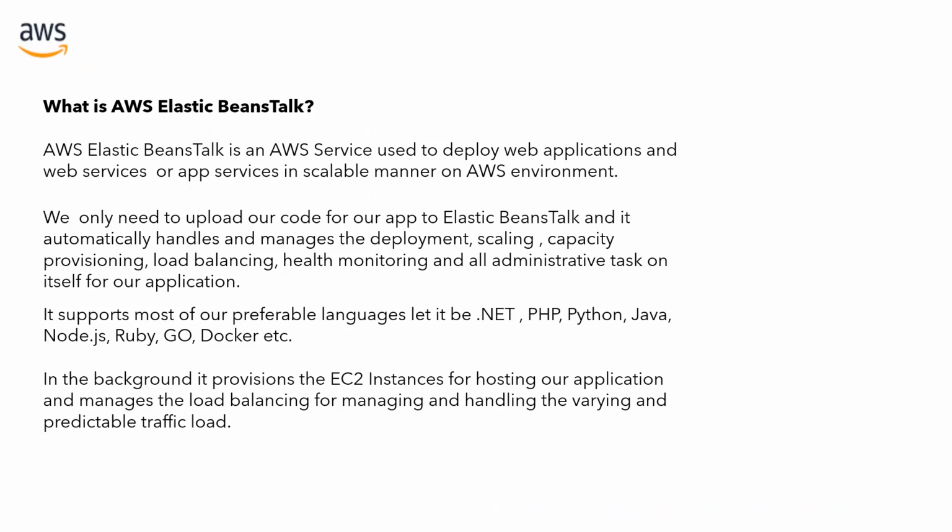In case of peak traffic, Elastic Beanstalk will automatically scale up itself, and when the traffic goes down, it will scale down the underlying resources. So that is the meaning of scalability.